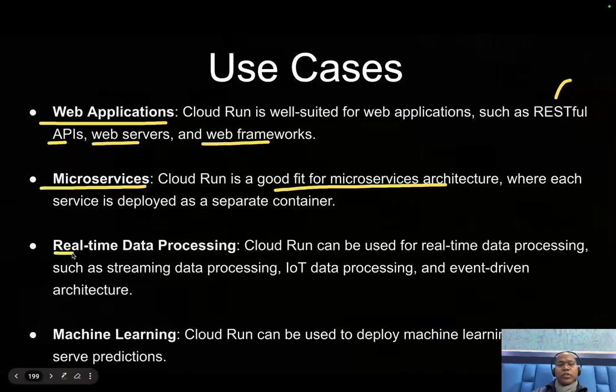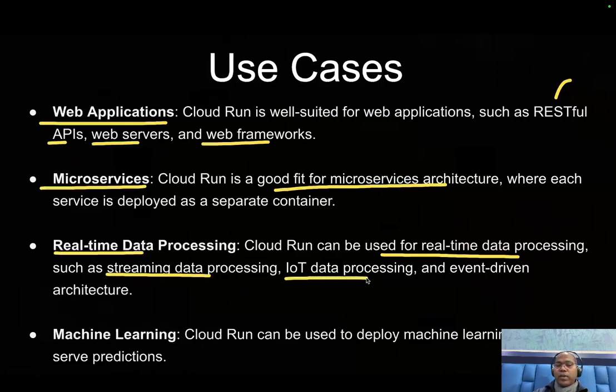It also fits real-time data processing or batch job processing, even stream data processing, IoT data processing, and event-driven data processing, architectures where you read data and do something with it. Cloud Run is also suitable here.